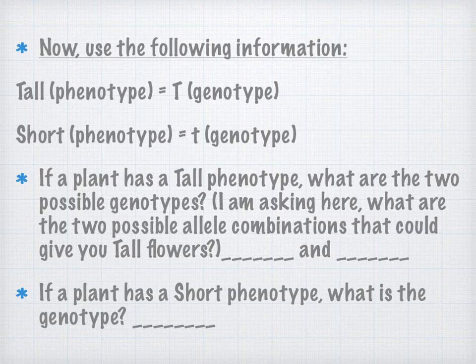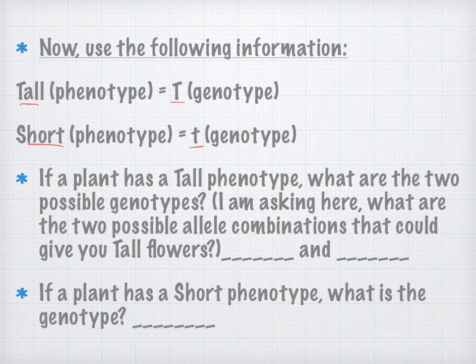Okay, another example. Tall is dominant, because it's uppercase T. Short is recessive, because it's a lowercase t. If a plant has a tall phenotype, what are the two possible genotypes? What I'm asking here is what are the two possible allele combinations that could give you tall flowers?